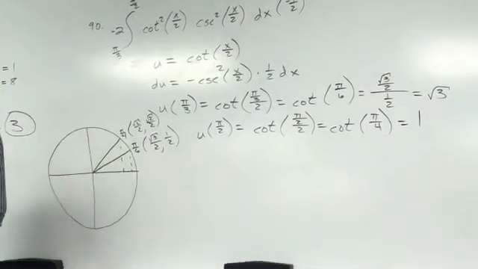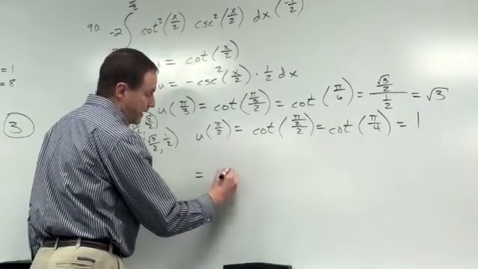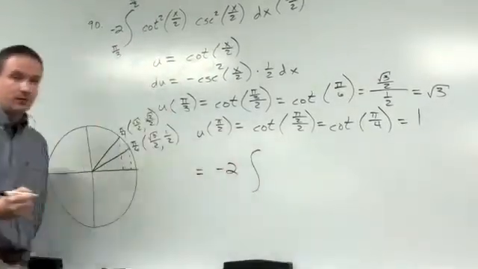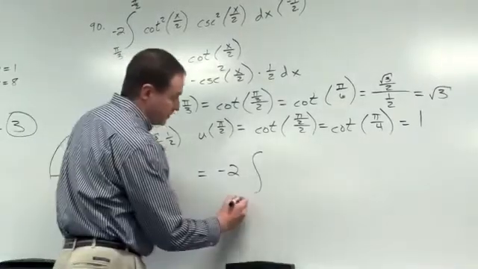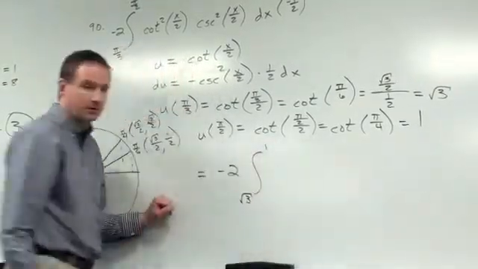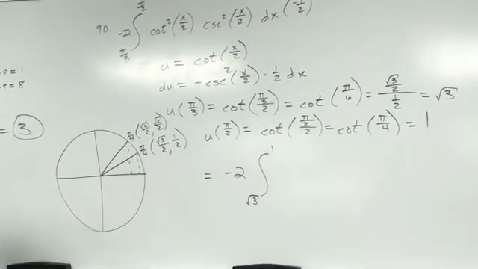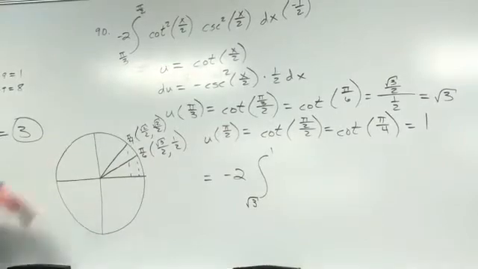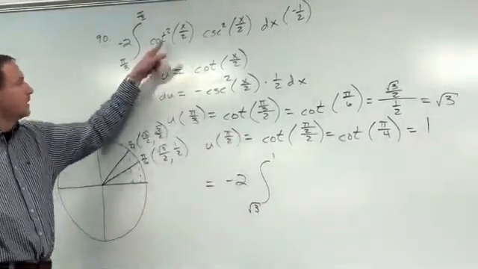That means, now that I have this set up, this problem changes to -2 times the integral. The lower limit of integration is the square root of 3. The upper limit of integration is 1. So we're actually going backwards now from square root of 3 to 1 because placing it into our formula gave us this direction.